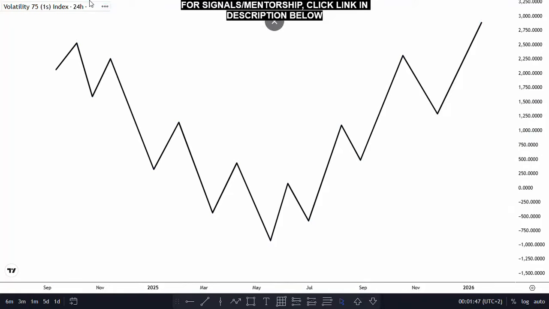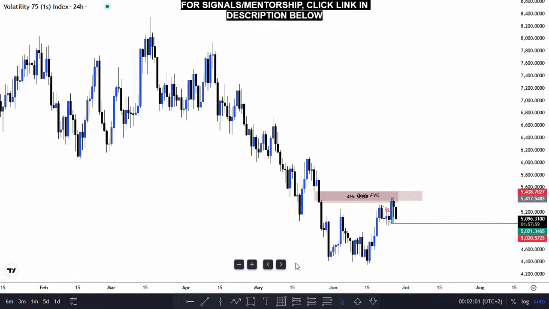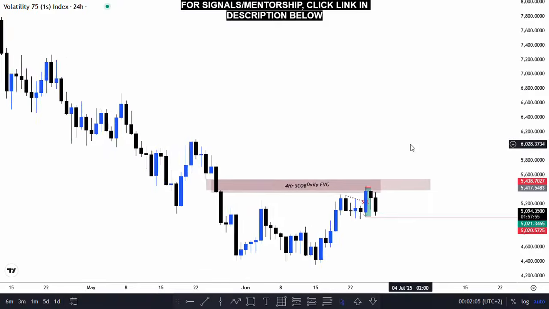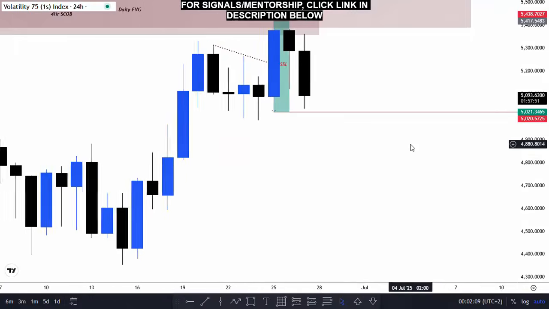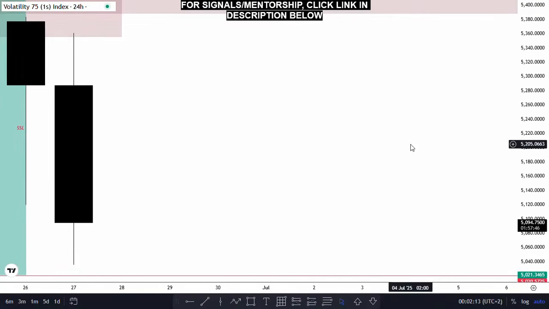I'm talking about catching the move from all the way up there to the downside, and from that downside all the way up there. Those are the movements that I'm trying to make you understand.